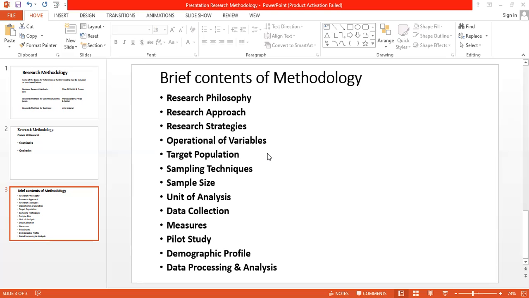And the next thing is unit of analysis. Unit of analysis means on which entity you are going to conduct analysis. Are you collecting the data from an individual or an organization as the unit of analysis? It means you are going to collect the data from a single company member, or the data is collected from the company owner.